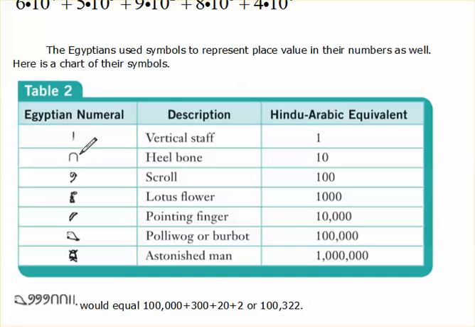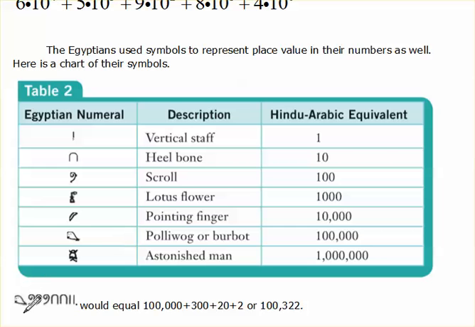Then this little upside down U, which is called a heel bone, is worth 10. And then they had this really cool little curly Q that they called a scroll, and it's worth 100. So you can see that they actually had kind of a base 10 system. They just used hieroglyphics to represent the place values.